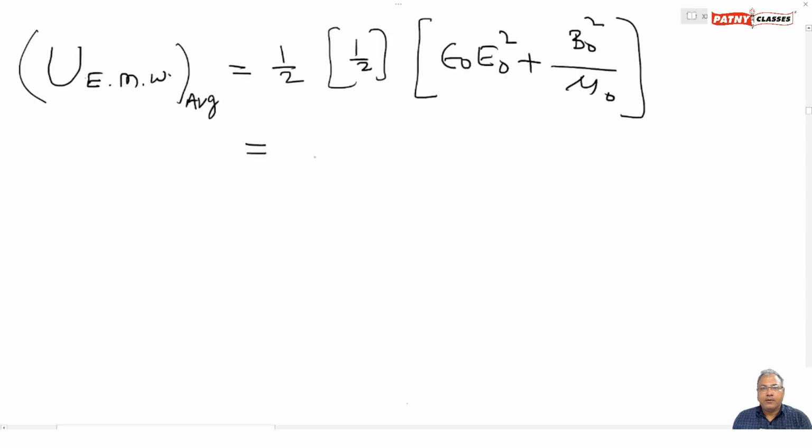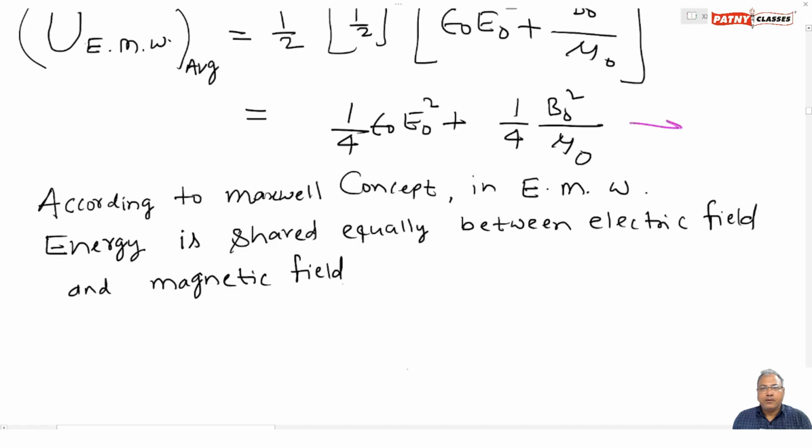This can be written in another way as well, by opening the bracket: 1 upon 4 epsilon multiplied by E naught square plus 1 upon 4 B naught square divided by mu naught. Call this equation number 3.